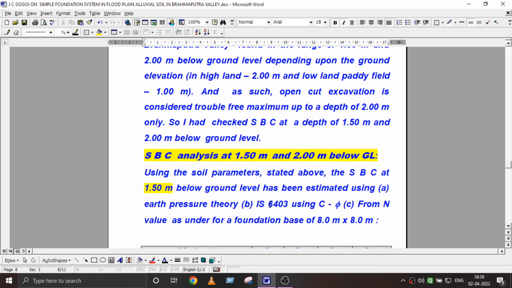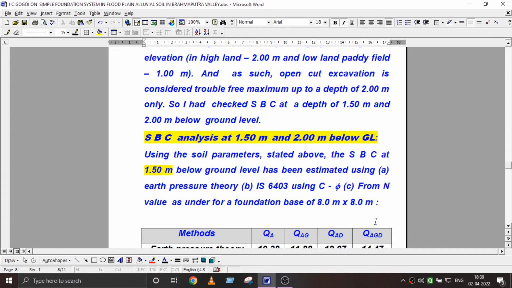Another method is IS 6403 using the C-phi method, another from N value.